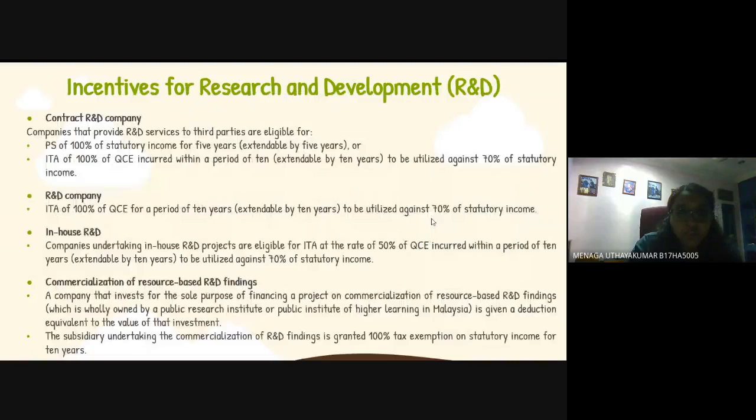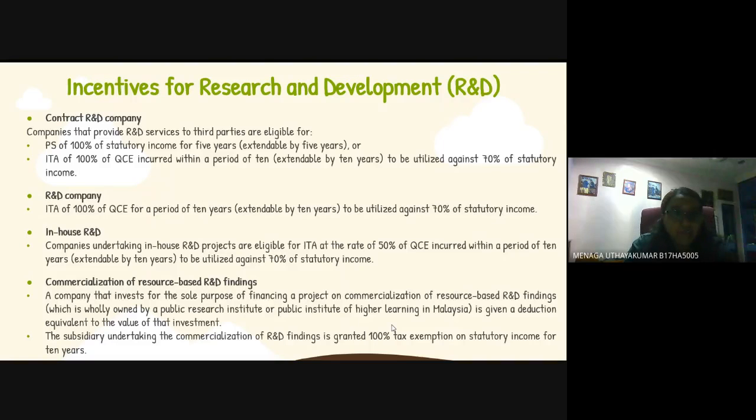Next will be the incentive for research and development. This has 4 categories. Under contract R&D companies, the PS will have 100% of statutory income for 5 years, and the ITA will have 100% of QCE incurred within a period of 10 years, to be utilized against 70% of the statutory income.